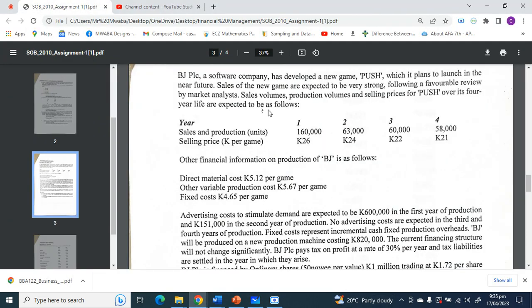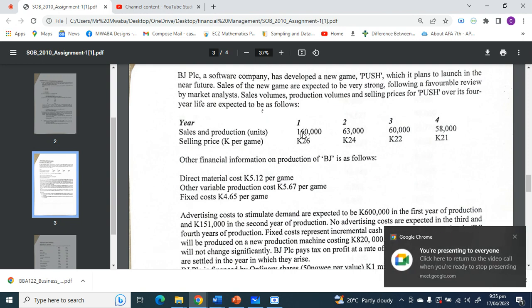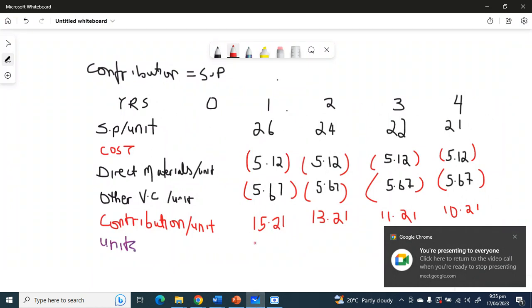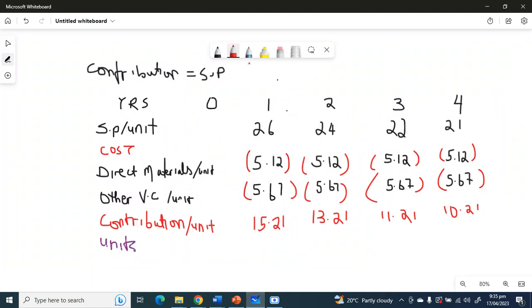So we're going to say in year one, we expect to produce 160,000 units. Right. So your total contribution, you're going to multiply 15.21 times 160,000 units.